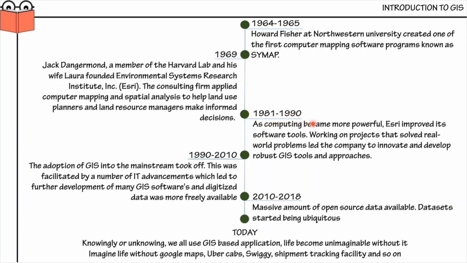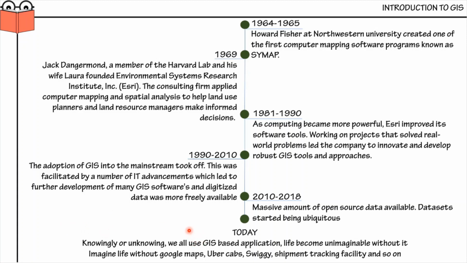Further, in 1981 to 1990, computers became more powerful, so ESRI could improve their tools and software and make them more powerful. Between 1990 and 2010, adoption of GIS became mainstream. A lot of IT advancements led to further developments of GIS software.